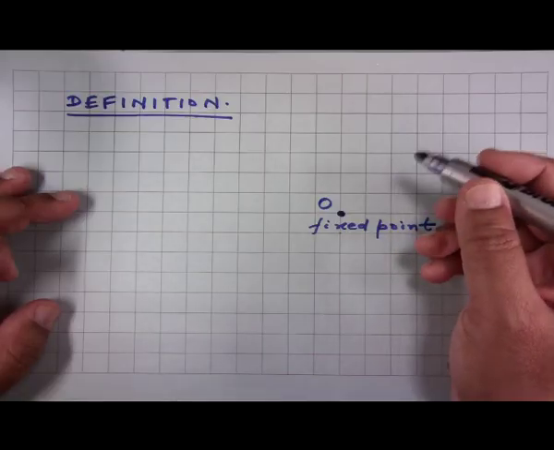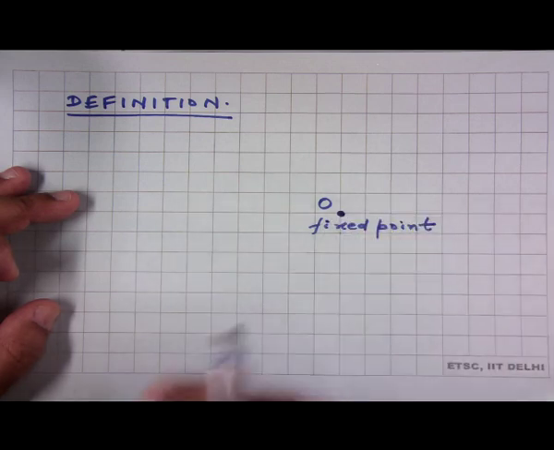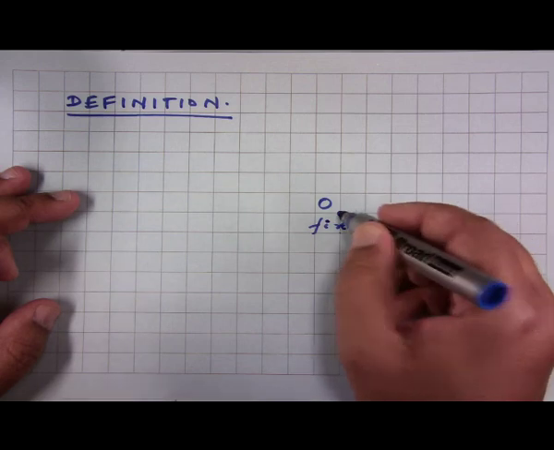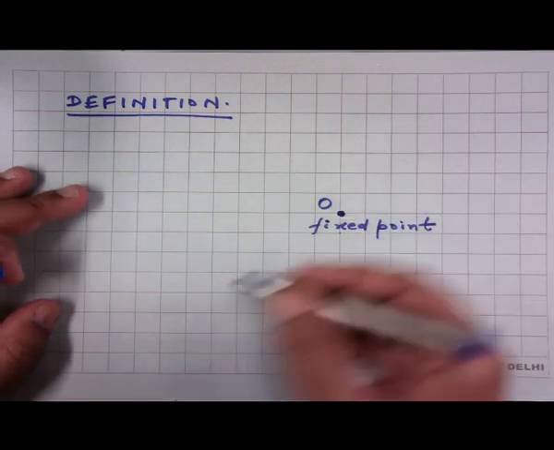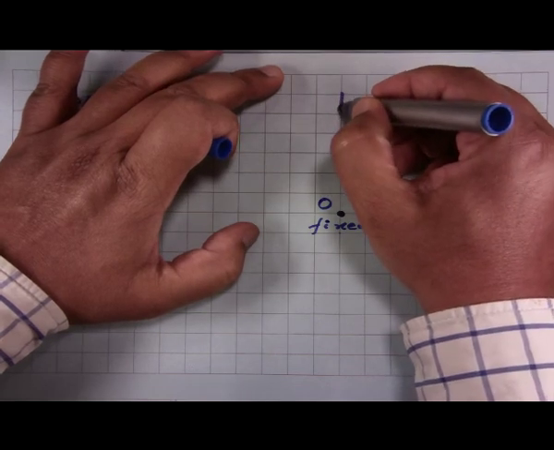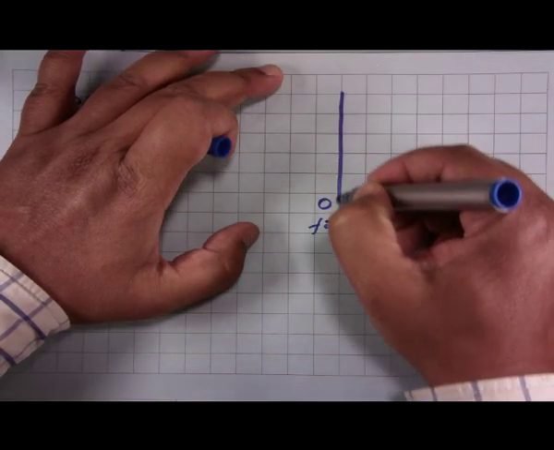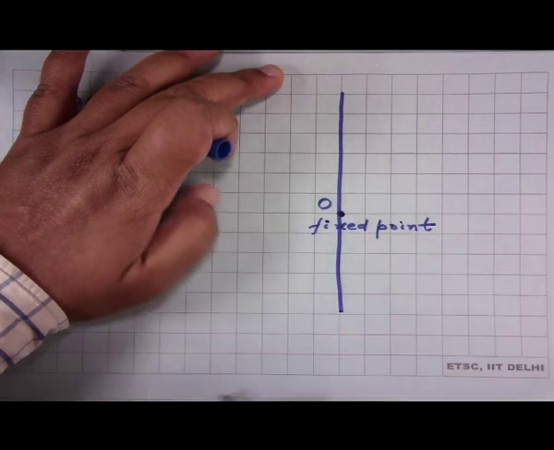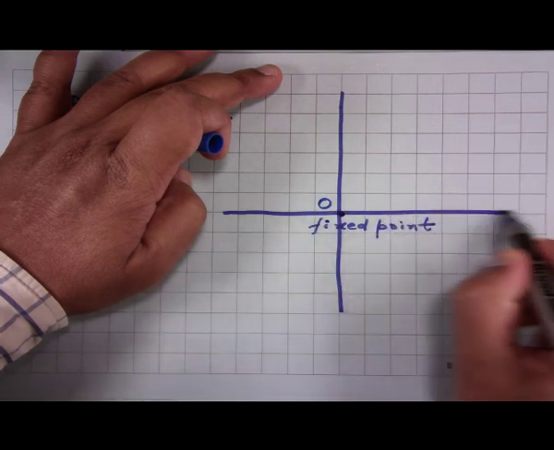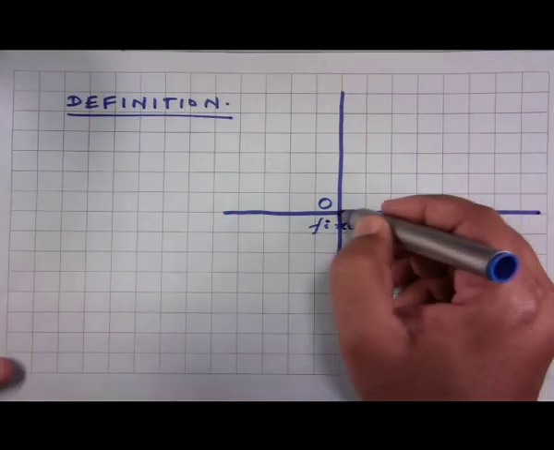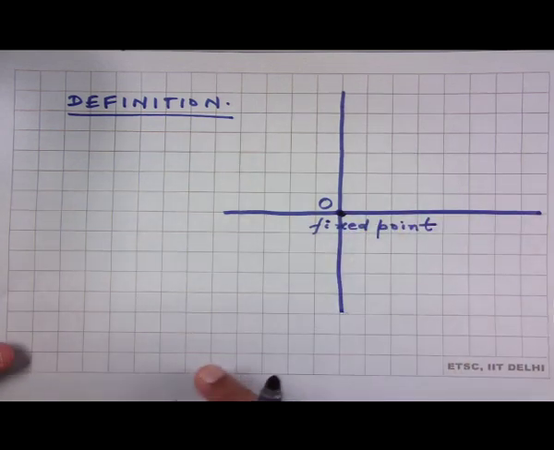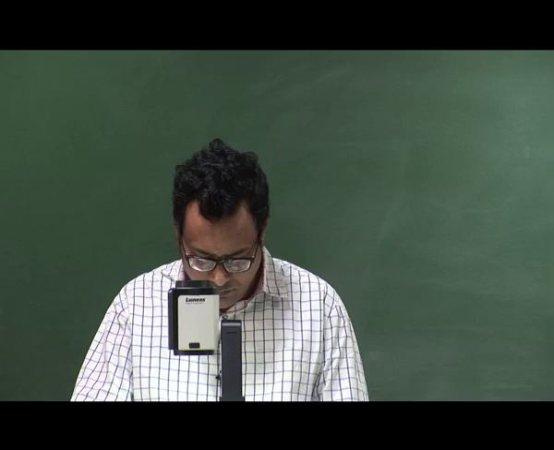To find a point which is at a distance r from this fixed point, let us first draw a vertical line and a horizontal line which intersect at this fixed point O.